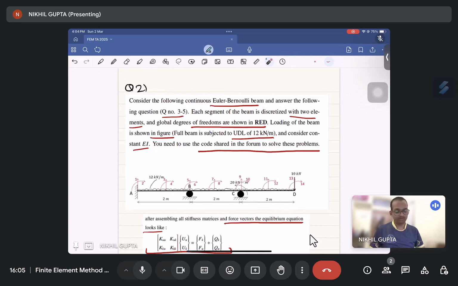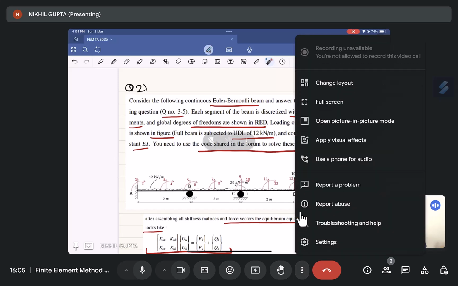You have to solve it with the MATLAB code which is already given to you. I'll show you the content of it, what it is showing, so that you can use it accordingly in your assignment problems. So I'll share my screen of the MATLAB.